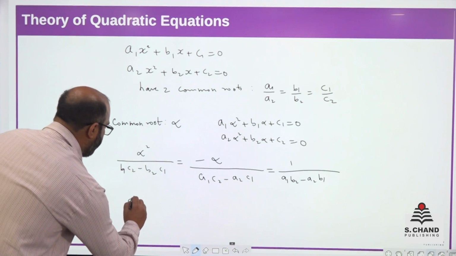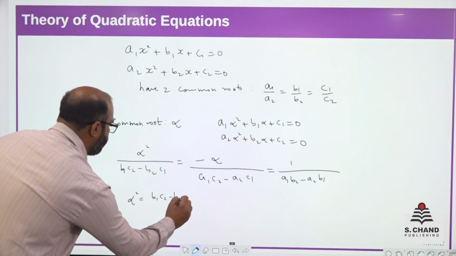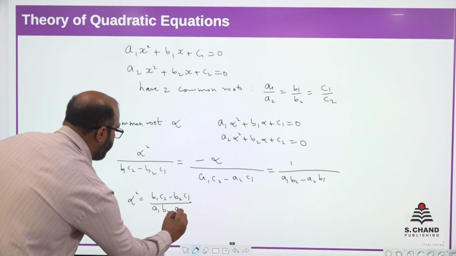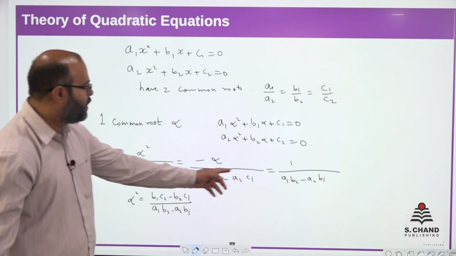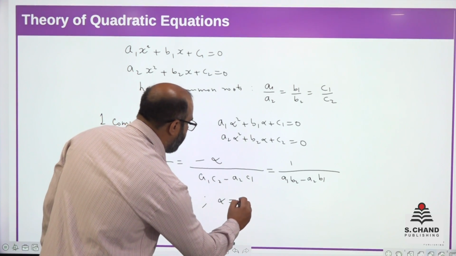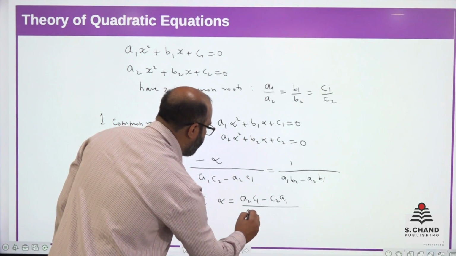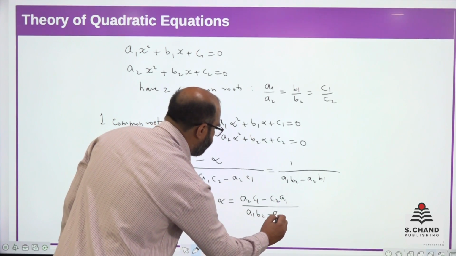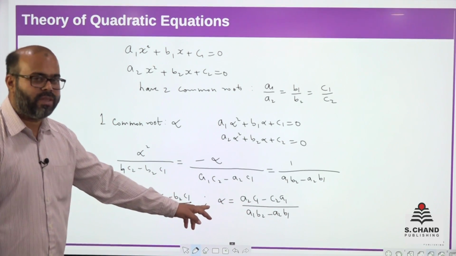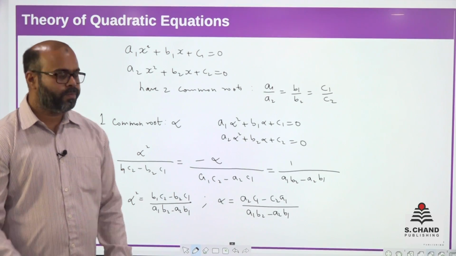So alpha square will be equal to b1 c2 minus b2 c1 upon a1 b2 minus a2 b1. And if you equate these two, you will get alpha is equal to a2 c1 minus c2 a1 upon a1 b2 minus a2 b1. Now if you square this, that will become alpha square and equate it to this. That will be the condition for one common root.